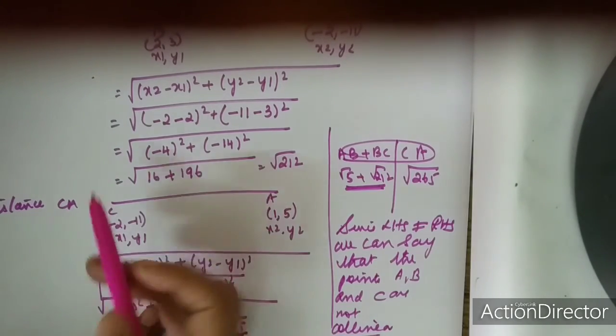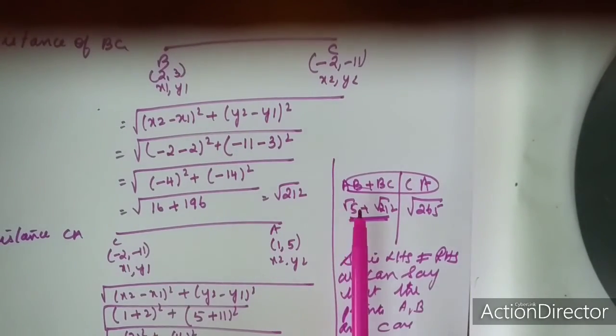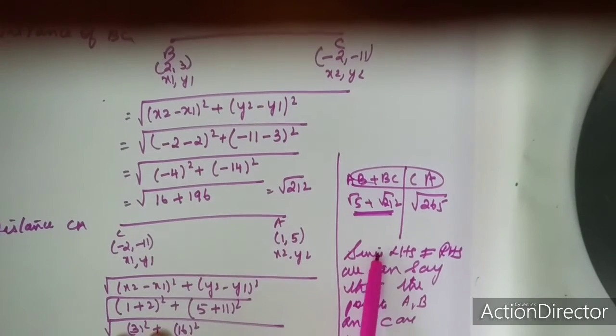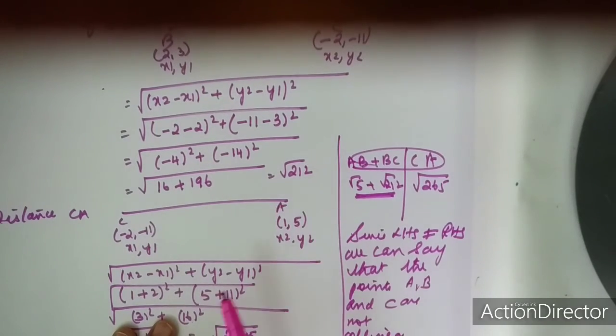So have you understood the sum? First you have to find AB, then BC, then CA. Next you add AB plus BC. Here we are not able to add because this is root 5 and this is root 212, which cannot be added. And this is root 265. They are not equal. Since LHS is not RHS, we can say that the points A, B, C are not collinear.